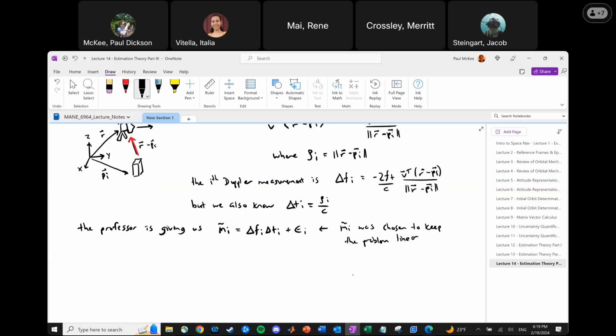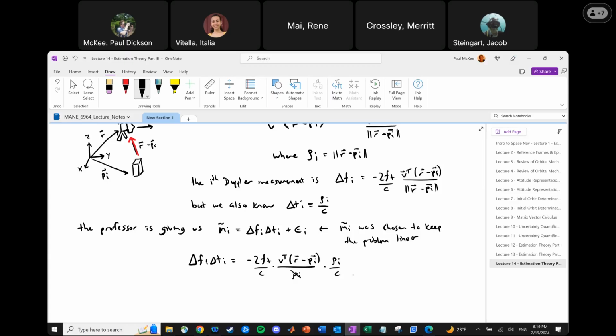Based on what we just said, isn't it true then that delta Fi times delta Ti, well, that's going to be negative 2 transmission frequency divided by the speed of light times velocity transpose (r minus pi) over rho i, and then we're multiplying this by rho i over c.